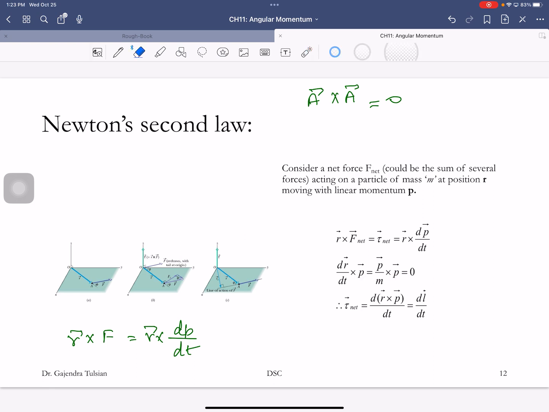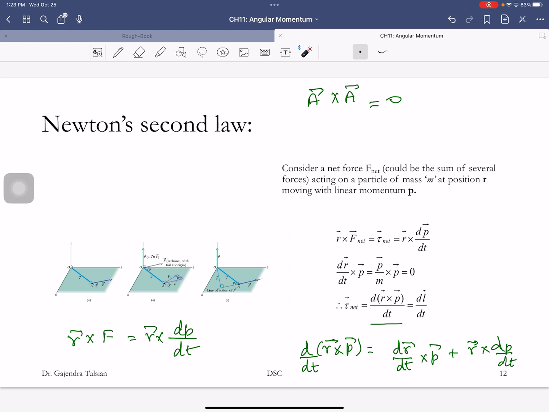Okay. So what we are doing is, this guy, d by dt of r cross p, using the chain rule is dr by dt cross p plus r cross dp by dt.